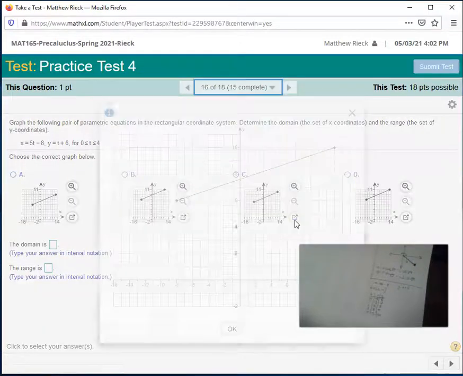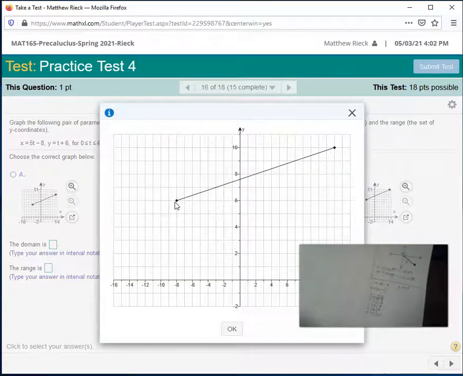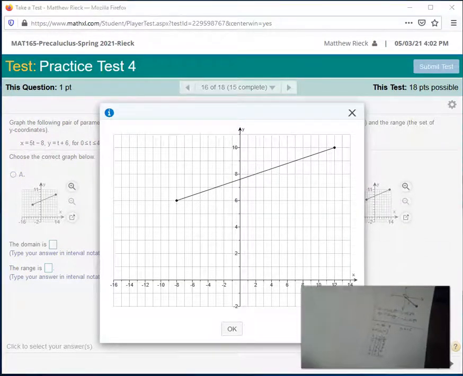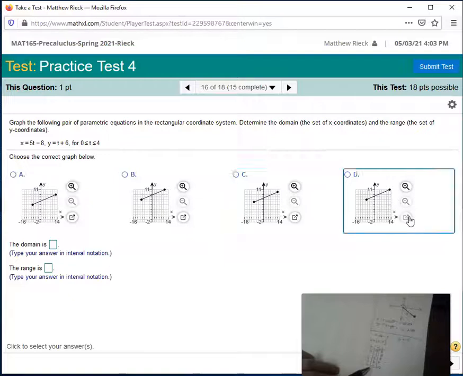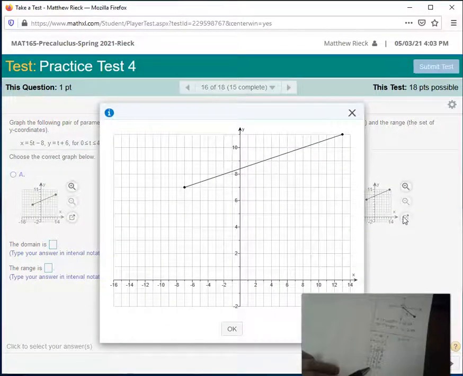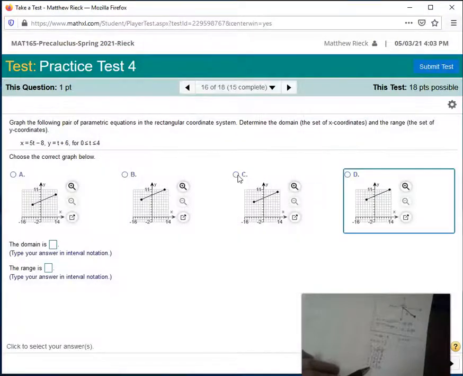All right, so here we have -8. So this one starts off well. And then it goes till x equals 12, and my y should equal 10. So that's probably our best candidate so far. Because this one, it looks like your x goes up to 13. So we're looking at C.